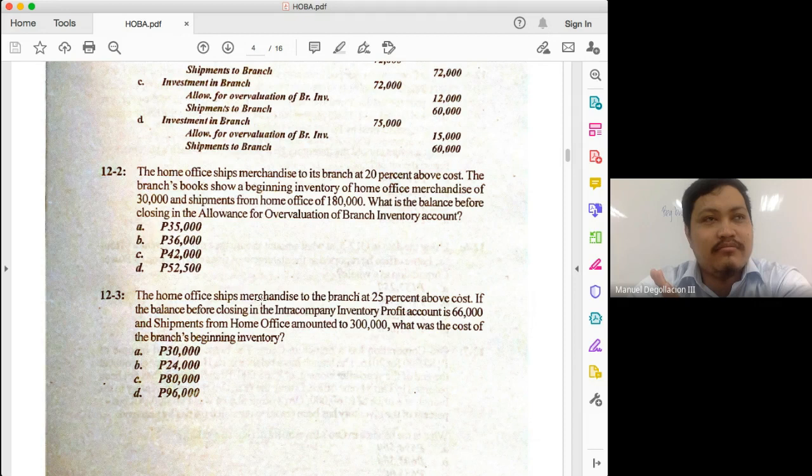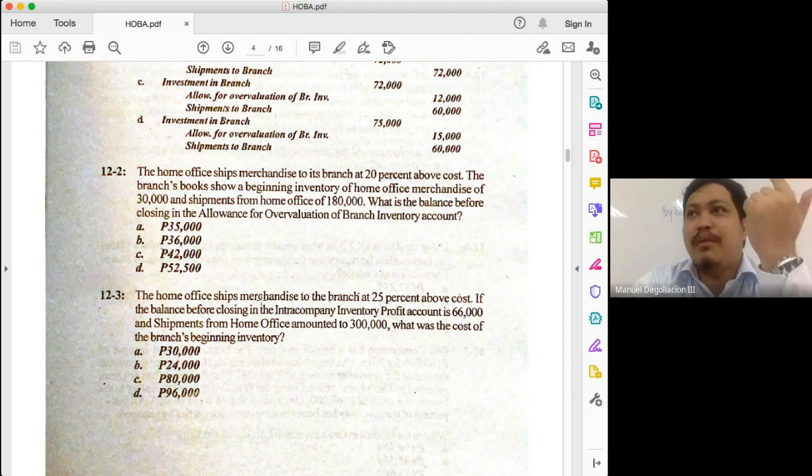Is it 6,000 or is it 5,000? Do you multiply the 20% with the 30,000, or do you divide 30,000 by 1.2 and multiply it by 20%? How much is the markup? 30,000, 5,000 or 6,000? You go back to our theory class.